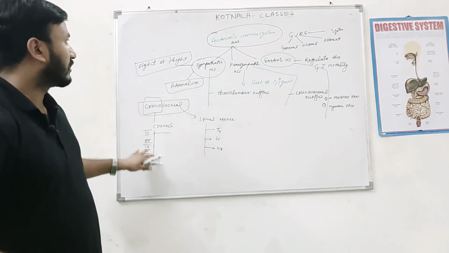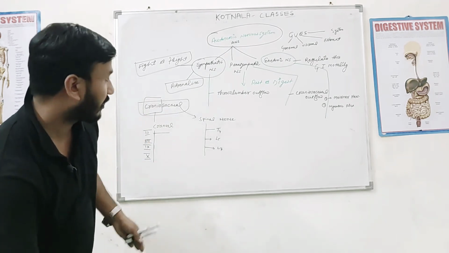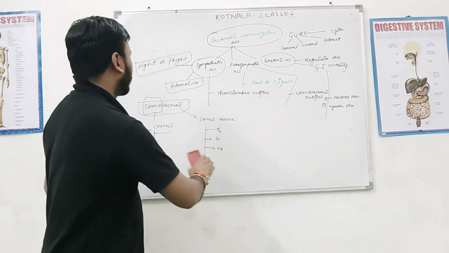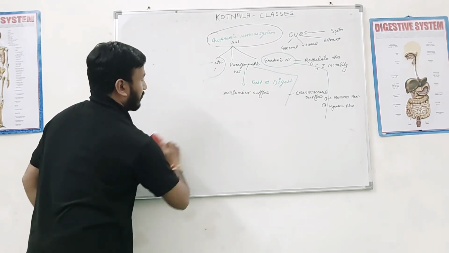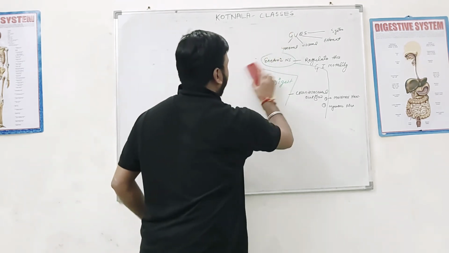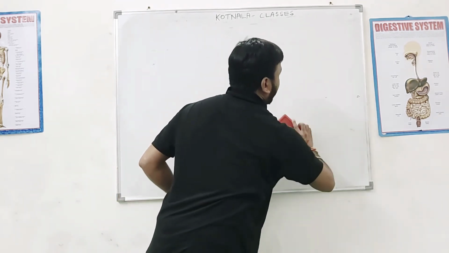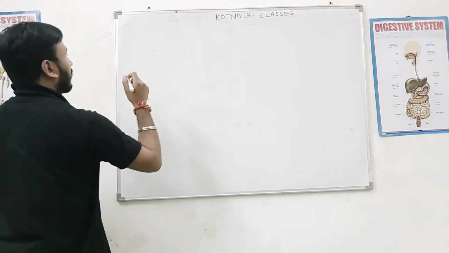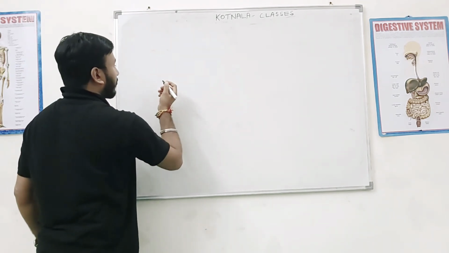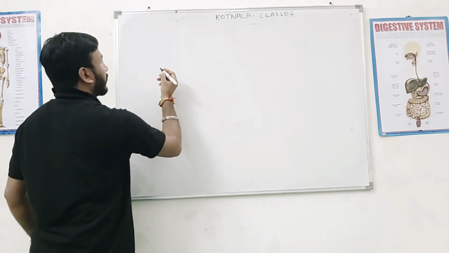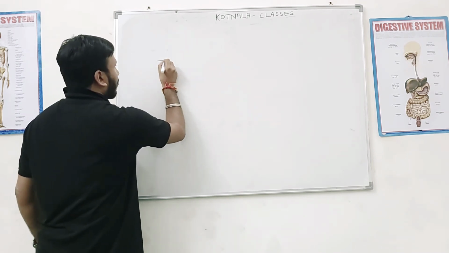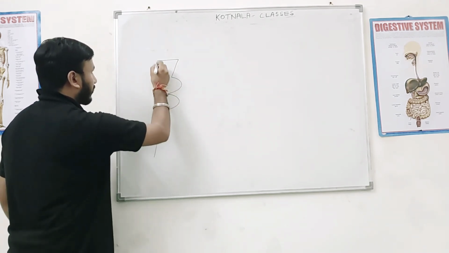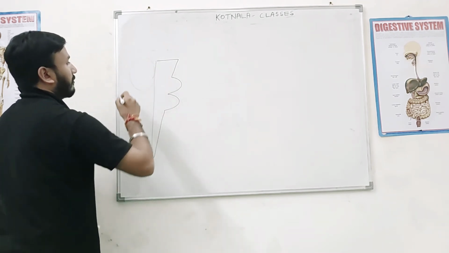Let us talk diagrammatically about which cranial nerves are involved and how the innervation works in the parasympathetic nervous system. So you know that cranial nerve number 3 is the oculomotor nerve. Here we are talking about the central nervous system: the midbrain, pons, medulla oblongata and spinal cord, and of course the cerebellum.